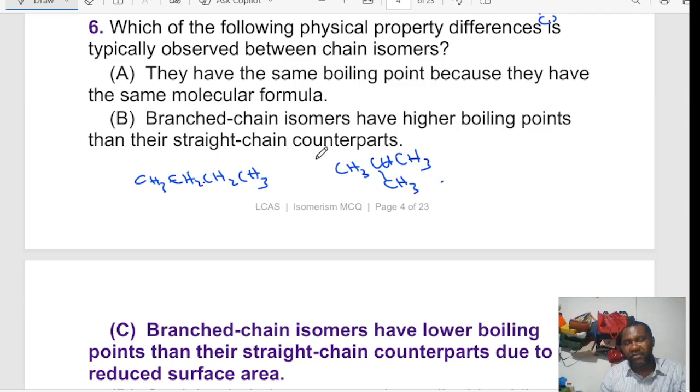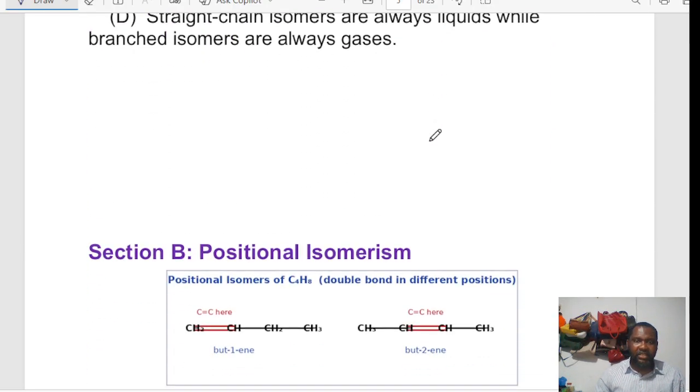They have the same number of carbons, they have the same number of hydrogens, but the difference between the two now is that one is branched. So the boiling point for this is definitely going to be greater than the boiling point for this, because this is branched. The more branched it is, the lower the boiling point. The straighter it is, the higher the boiling point. I hope that makes sense.